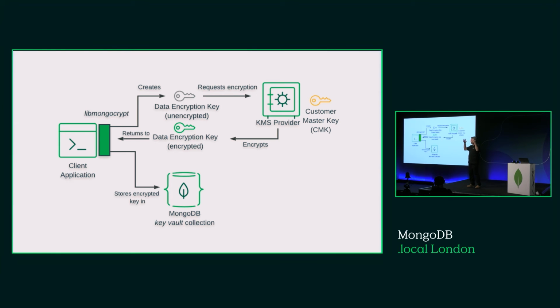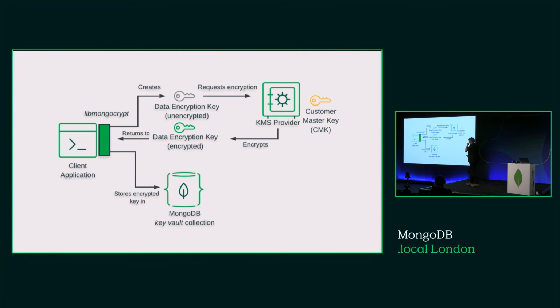But the idea is that the data key, the encrypted data key, would be stored in MongoDB just alongside the rest of your data. So the client application asks for KMS to generate a key. The key comes back in two versions, clear text and encrypted. The encrypted is stored in the key vault, and the clear text version is used to encrypt or decrypt data.